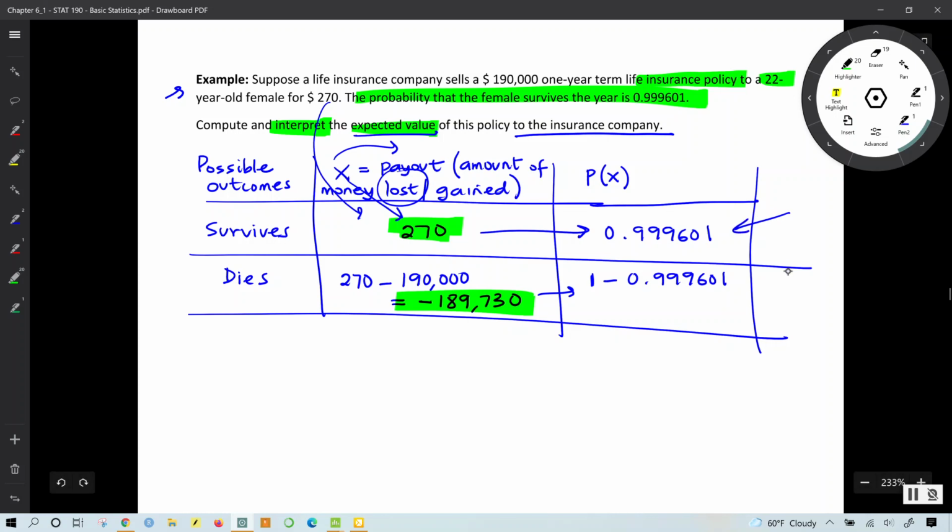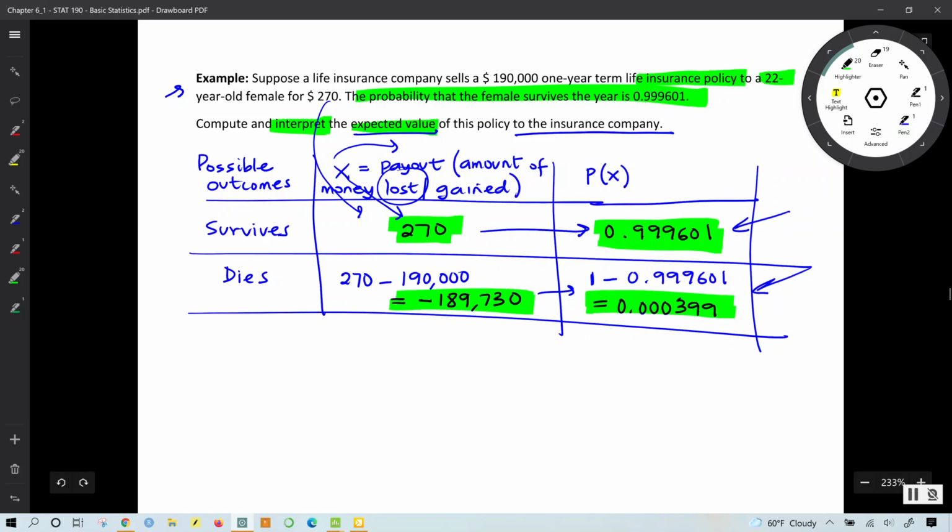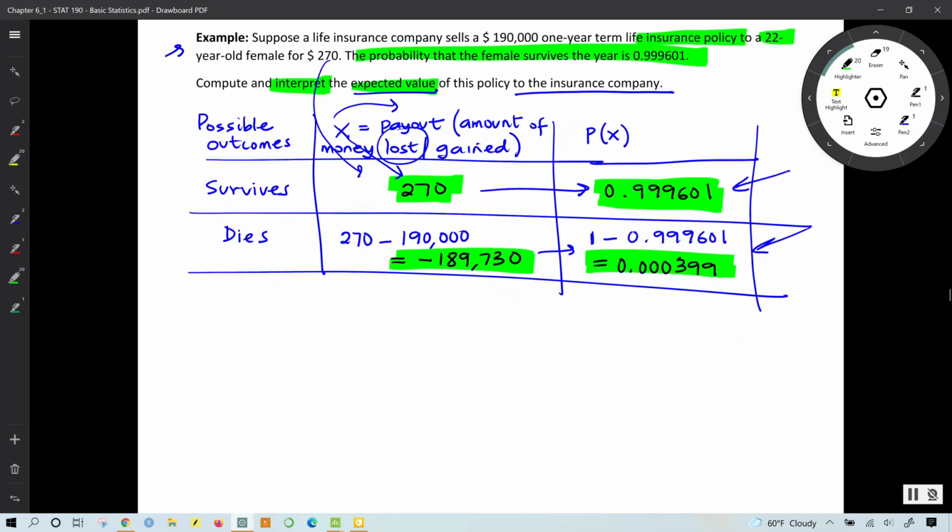Either you survive or you die, so that is the complement of this event. That value will be 0.000399. So the values we need are 270, this value, and this value, all highlighted here.